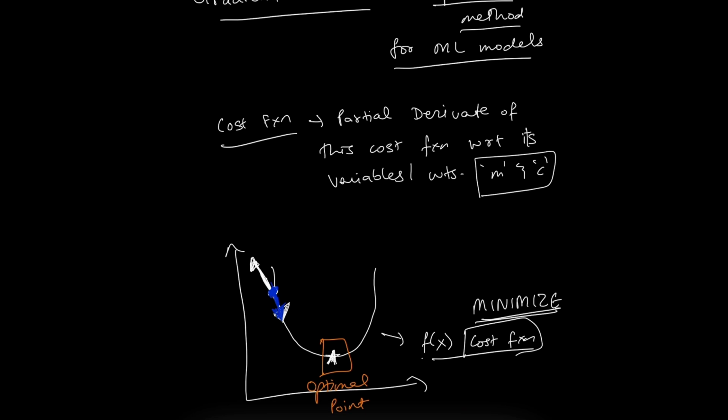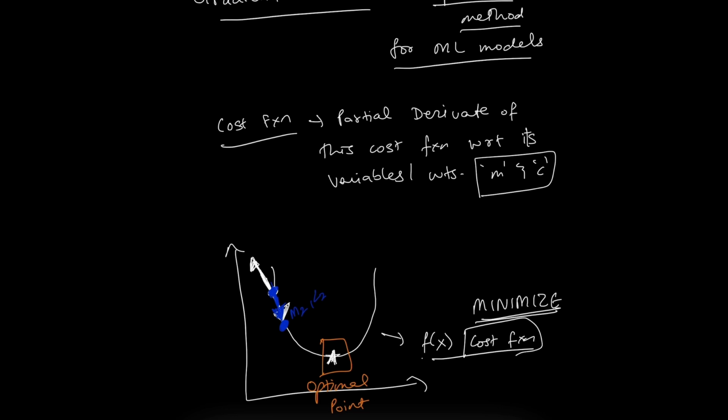And then once we come here, this is the new point that we get, which is, let's say, M2 and C2. These are the values we get after one step of gradient descent. We want to continue doing this till we get to the optimal point. So again, at this point we calculate its gradient, and the gradient here will be something like this.